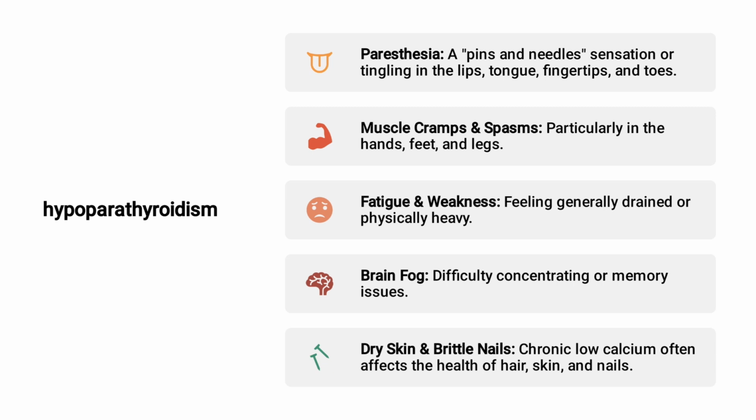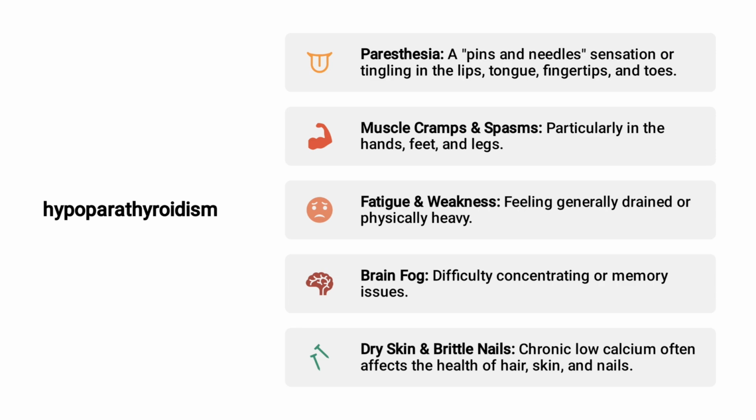Brain fog, of course, if you have a low calcium, you will see symptoms of confusion, etc. And even in some situations, you will see seizure if it's severe hypocalcemia. And dry skin or brittle nails, not so much. That's mostly seen in chronic low calcium.